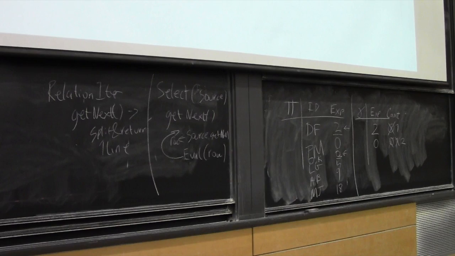So if I'm trying to find, let's say, 8, I need to read this one, then I need to read this one because 8 is less than 17, but larger than 1.